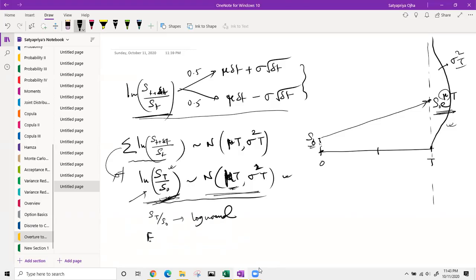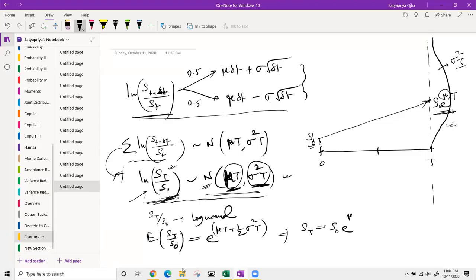And we know the expectation of a log normally distributed variable is given as e to the power whatever the mean and variance parameters are in that normal distribution. We take e to the power this mean plus half this variance. So from here we will get St equal to S0 e to the power mu t plus half sigma square t.